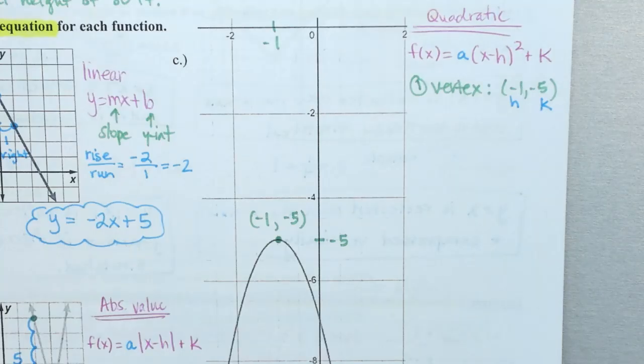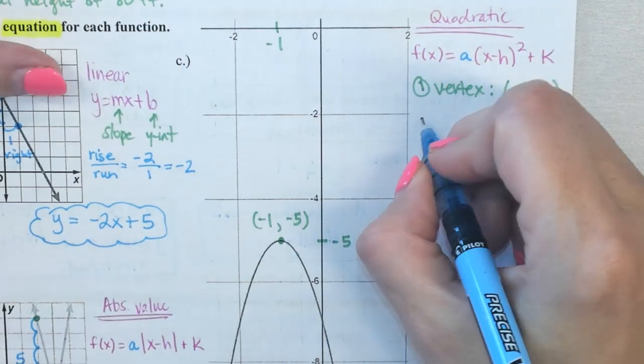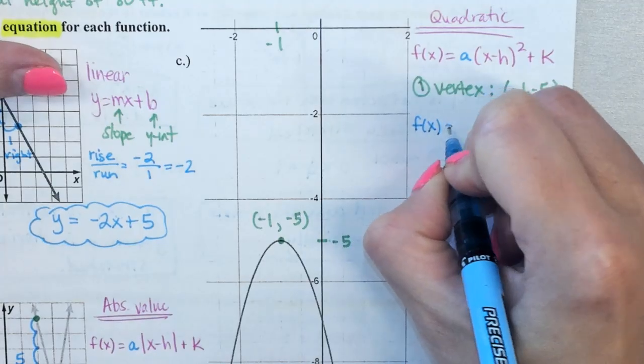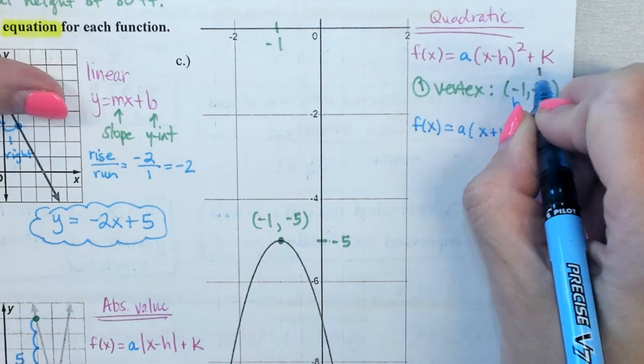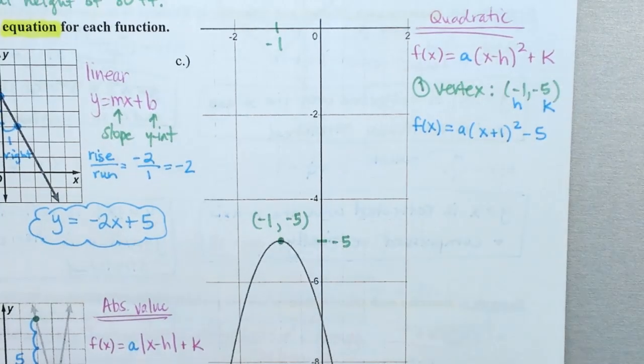And remember, when you have that minus and negative, it is just going to turn into a plus. So it's fine if you have that just at your first step. f of x equals minus -1 is +1, and then this is just -5 on the outside.